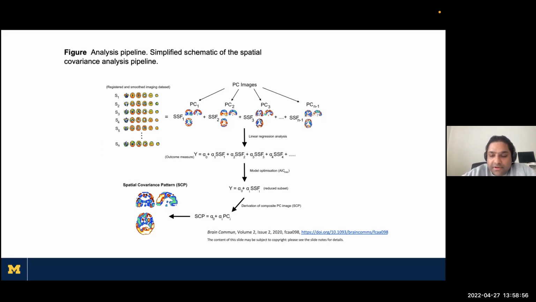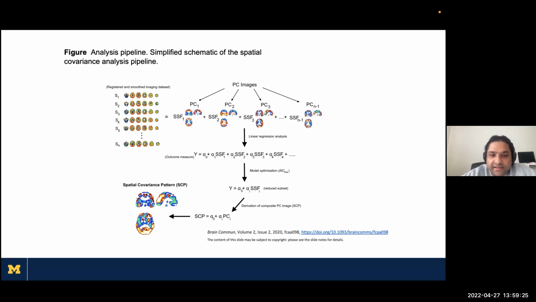Their method at the beginning is pretty similar to what we do. They take all the images, for dementia with Lewy body subjects, and do a principal component analysis on those images, and we get different principal components. They also calculate the subject scaling factor for each principal component.